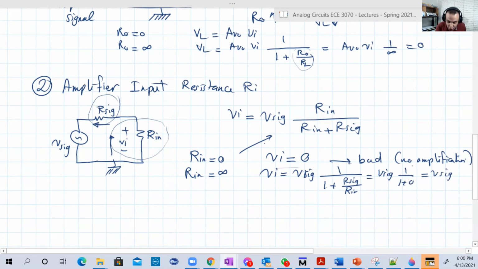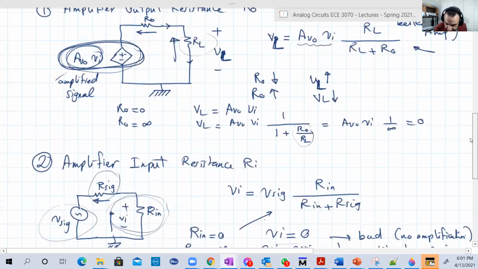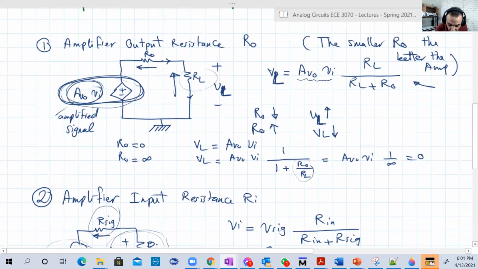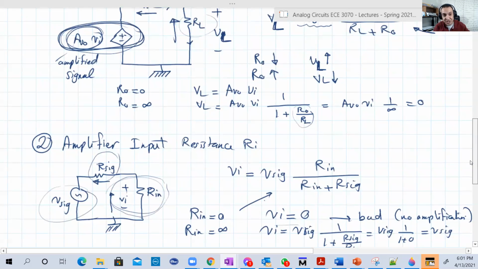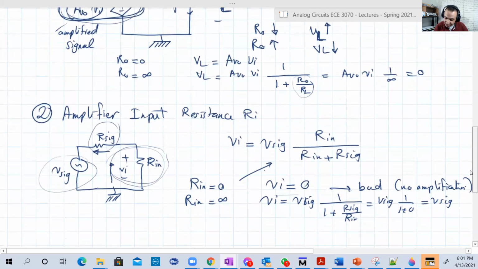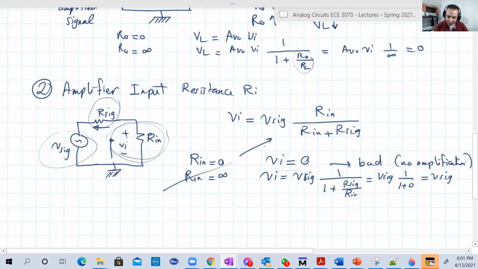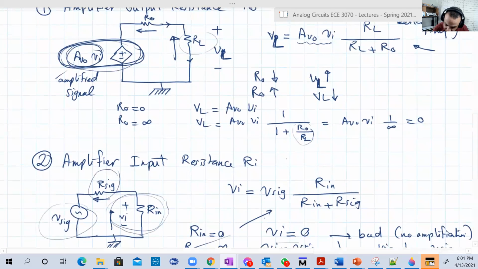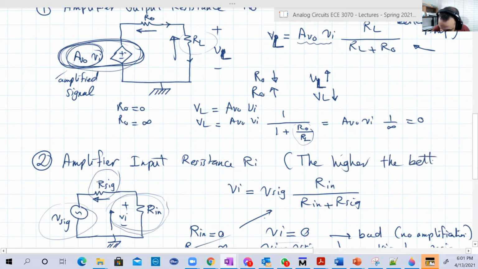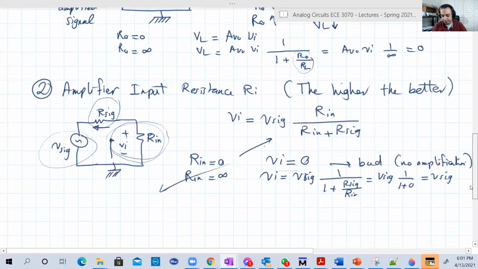So in that case, all the signal goes to our input. So here, this will be AV times V signal. So all the signal is amplified. That's the perfect situation. So the higher, the better for the amplifier or for the amplification in general.